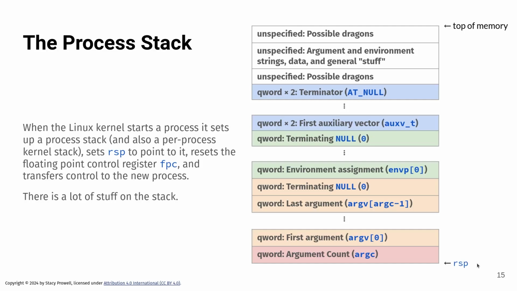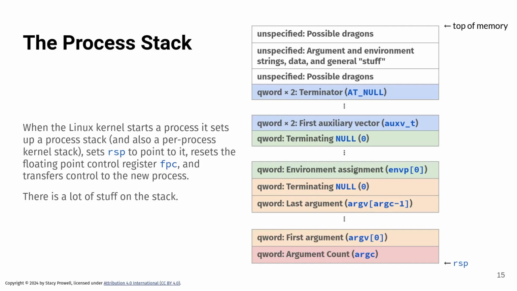Okay, so what's at the top of the stack, or at the bottom of the screen on the right hand side? argc. There's argc. Right above it is the first argument, argv0. The arguments continue until you get to the last one, which would be argv, argc-1, and then the terminating null.